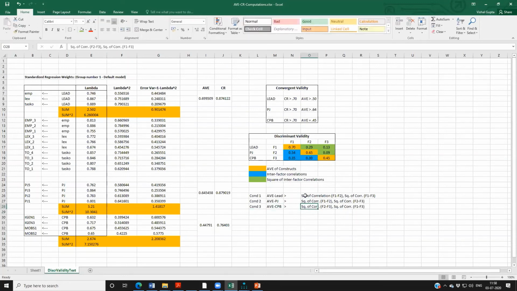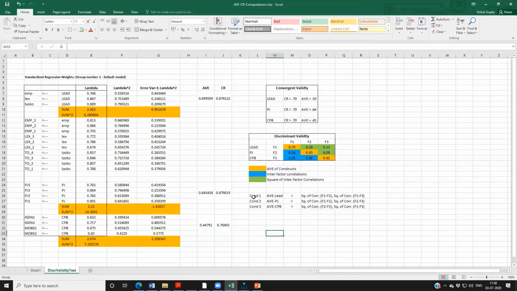These are the three conditions that we have to check and prove that the construct measured by our scale is discriminant from the other measures, right?